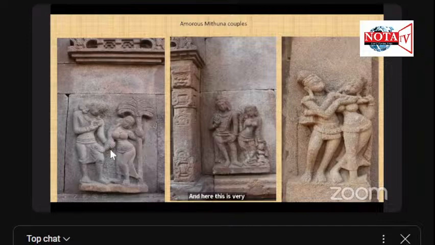The amorous Mithuna couples you can see here are in different postures, very elegantly sculpted, including the dress. The jewelry worn by these people and the headdress were also taken care of.